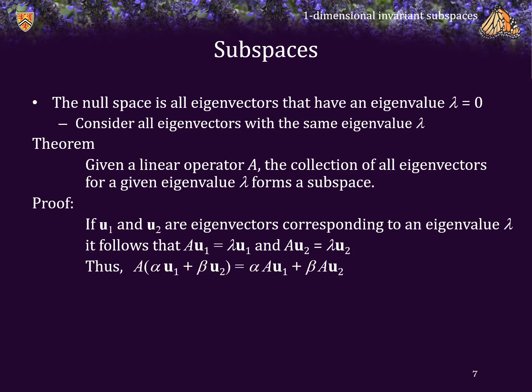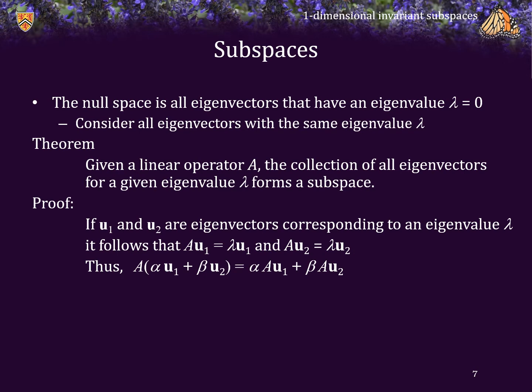So now let us apply A to a linear combination of the vectors u1 and u2. Well, by linearity, we can see that the operator applied to the linear combination is that same linear combination of the operator applied to each of the vectors.